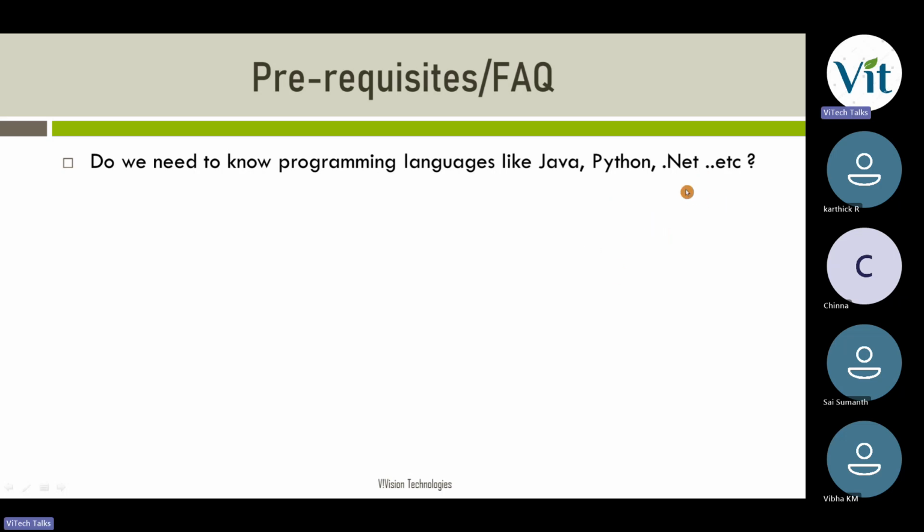But if you have any idea on Python, that is a value add for your resume. Even if you have knowledge of Java or any programming language, there are no limitations in IT. Whatever you want, you can learn and implement in your projects. But if you want to learn Snowflake, do we need to know these languages? Definitely no.